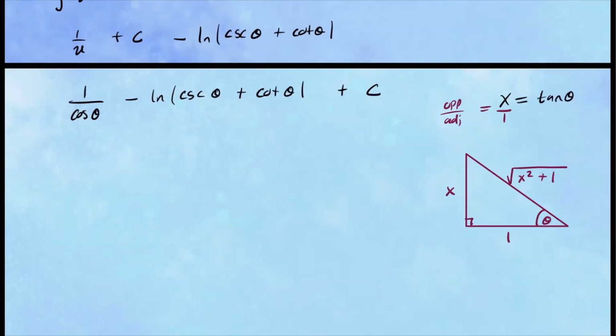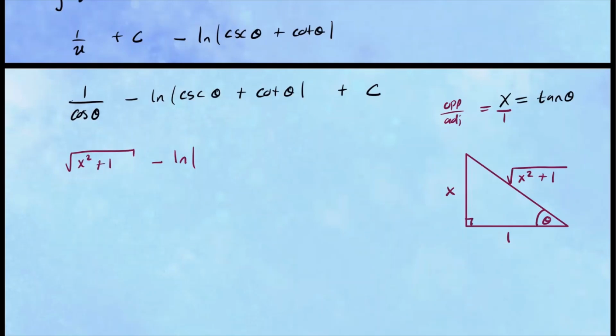1 over cosine, that's really secant. So cosine is defined as adjacent over hypotenuse. So this would be hypotenuse over adjacent. So we will have this written as the square root of x squared plus 1 minus ln of cosecant. So cosecant is the reciprocal of sine.